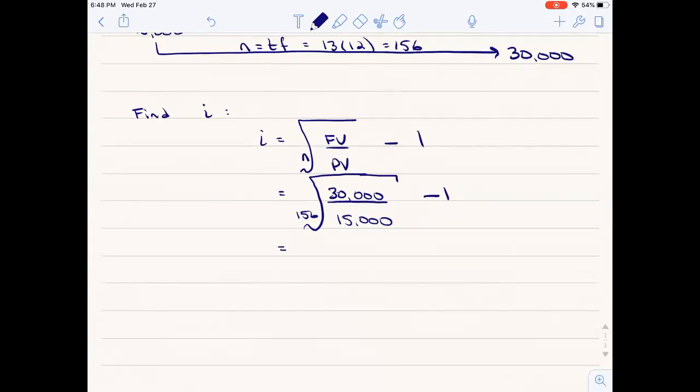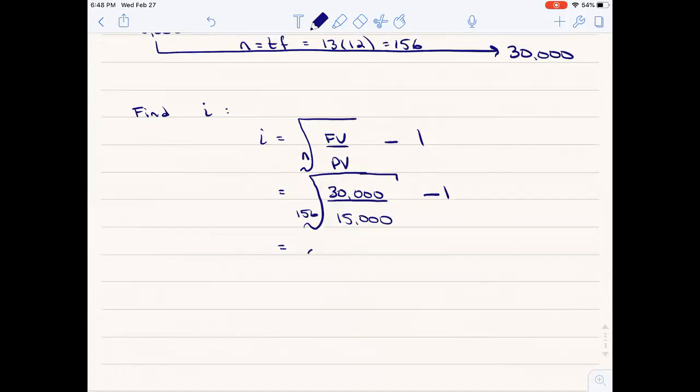We can simplify this because 30,000 divided by 15,000 is just 2. So we've got the 156th root of 2 minus 1. Hard to do on your calculator, right? But if you remember, the square root's the only root that's built into your calculator.